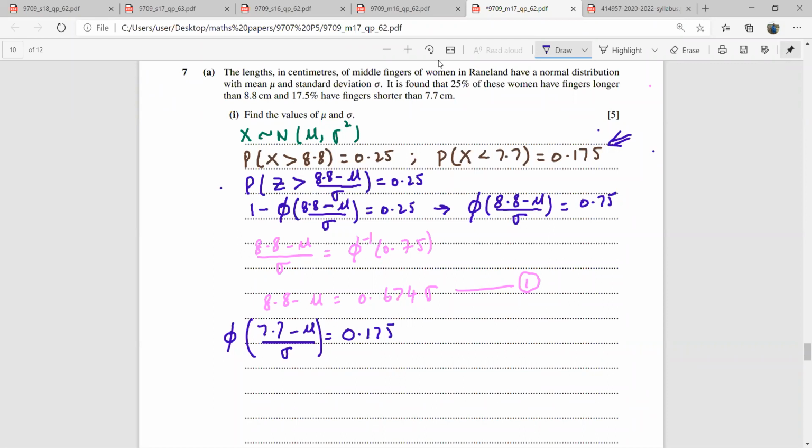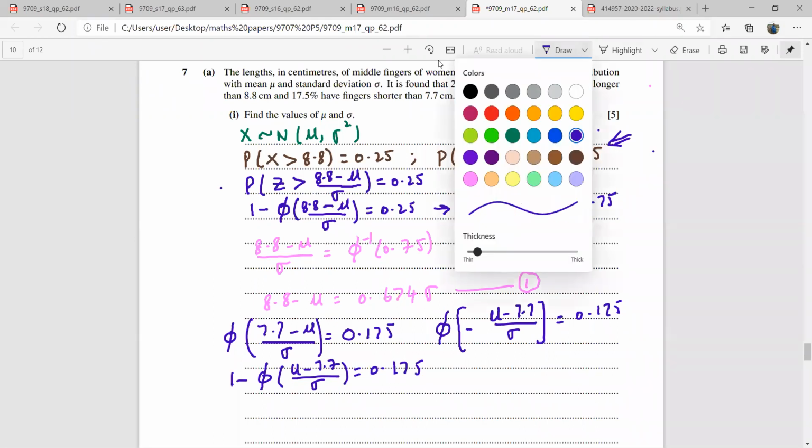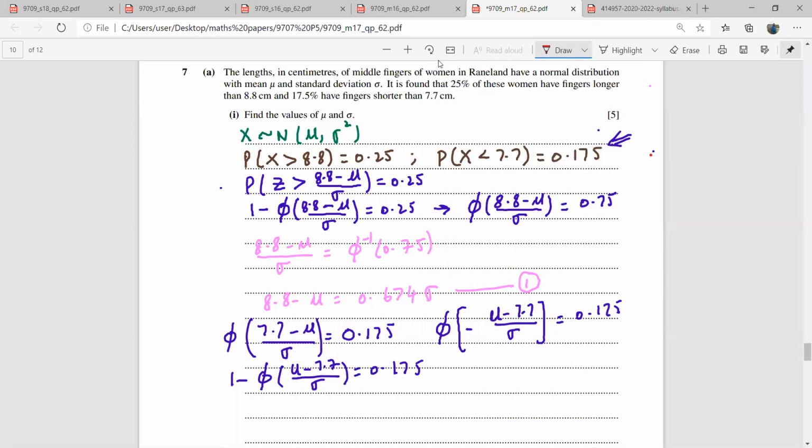So phi of (mu minus 7.7) over sigma. Now this would be 1 minus phi of (mu minus 7.7) over sigma equal to 0.175, so phi of (mu minus 7.7) over sigma is 1 minus this.